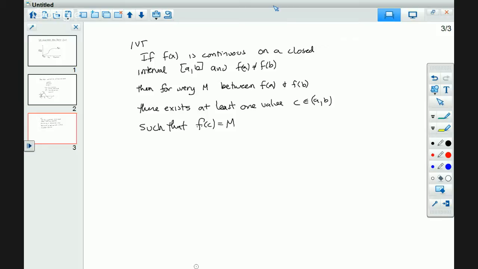So basically what we're saying is you have A and B, right? And you have some function f that's continuous across that closed interval. Here's f of A. Here is f of B, right?